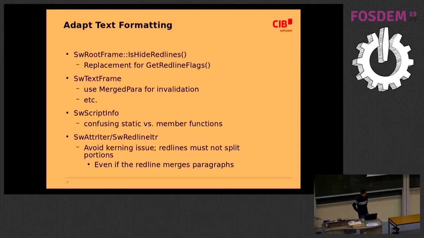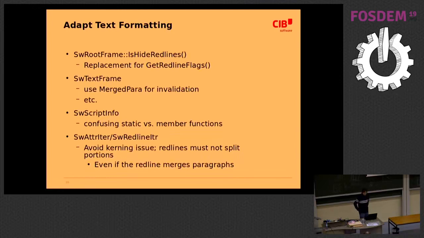And we have to add this merge paragraph data type to the SwTextFrame. There were lots of classes involved that needed to be changed. In particular, the difficult one is the attribute iterator. That is the class that splits the text into portions such that within a portion everything has the same formatting.